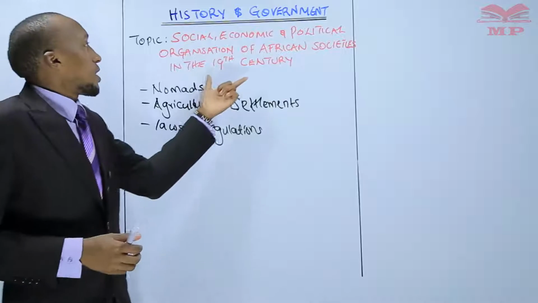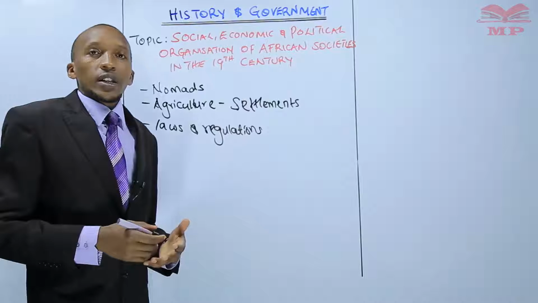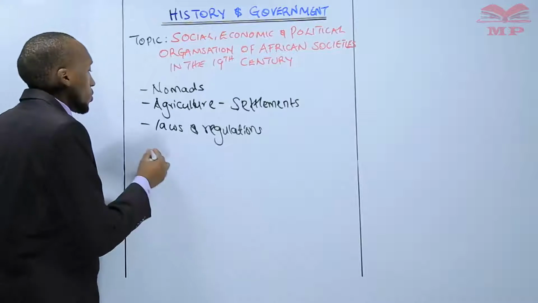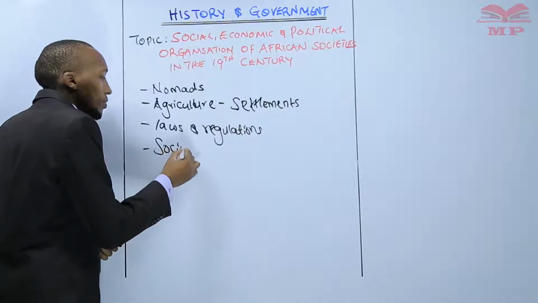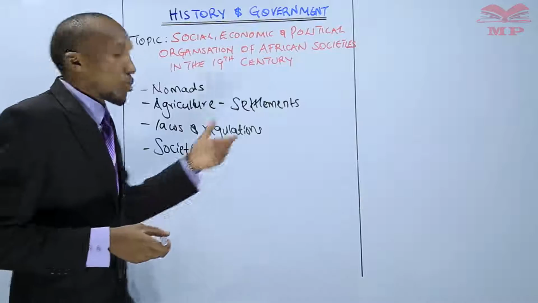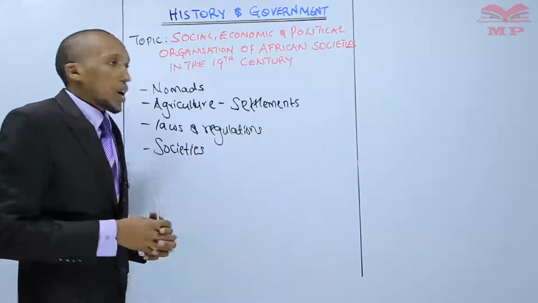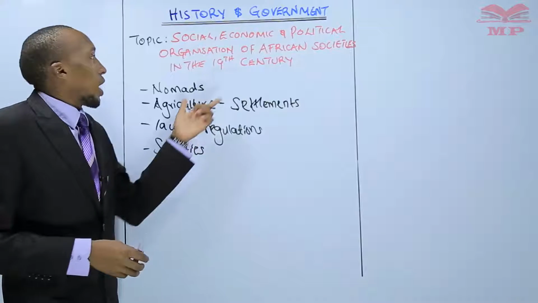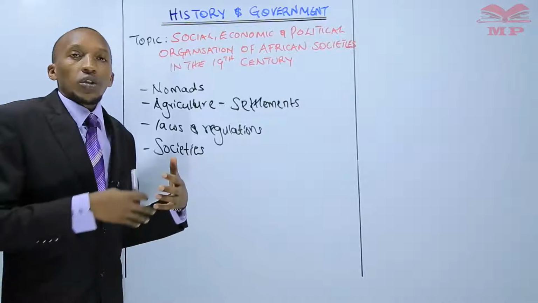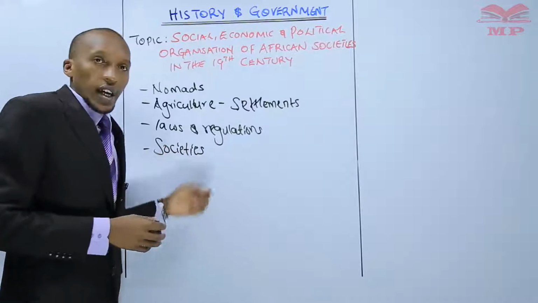But towards the 19th century, Africa witnessed the development of greater societies, big groups of people. Initially, they were just small; a family could have its own way of living. But during the 19th century, Africans had organized themselves into societies.